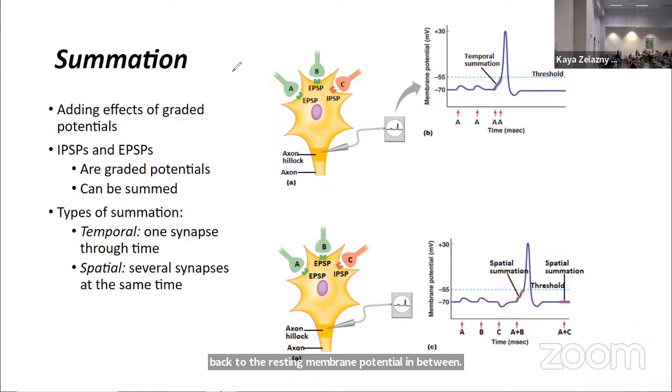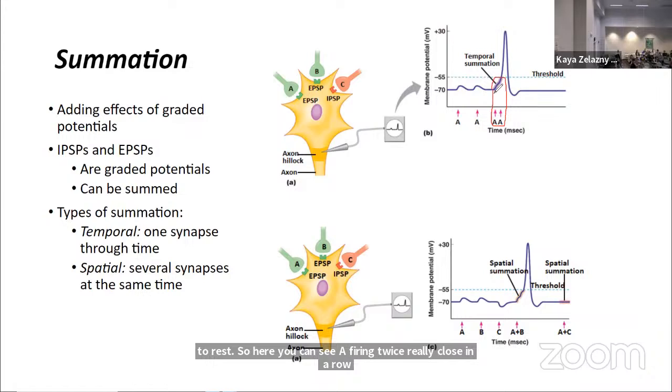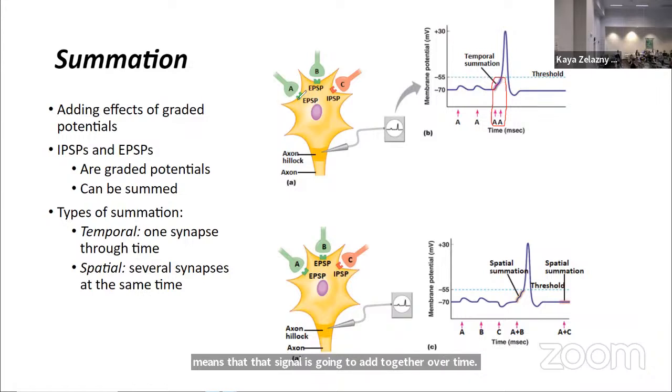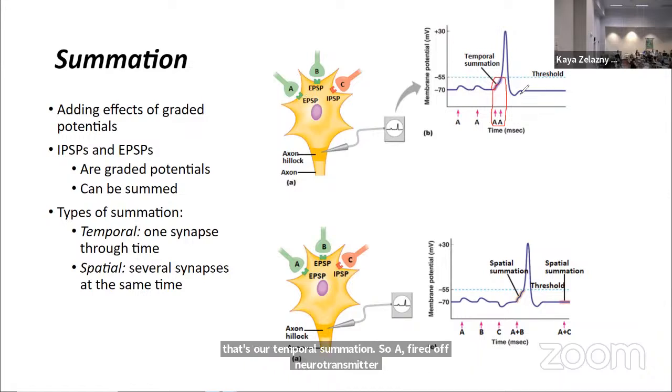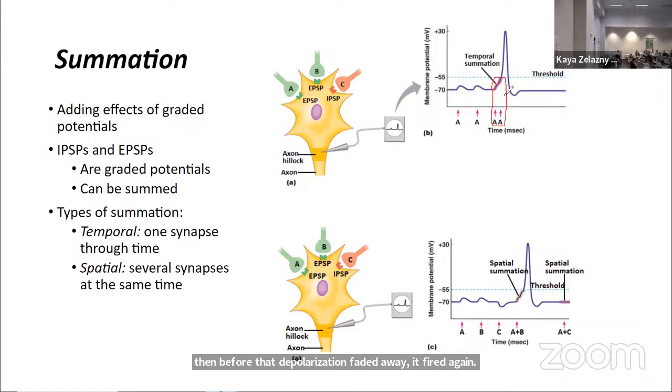However, if A starts firing super fast, right, and we start to get those signals coming close together before they fade away back to rest. So here you can see A firing twice really close in a row. This means that that signal is going to add together over time. So that's our temporal summation. So A fired off neurotransmitter, gave us a little bit of a depolarization. And then before that depolarization faded away, it fired again, giving us a little more depolarization, and it got us to threshold.